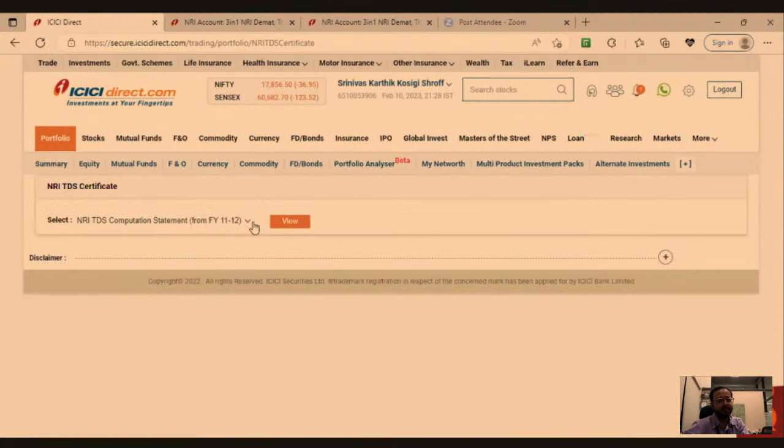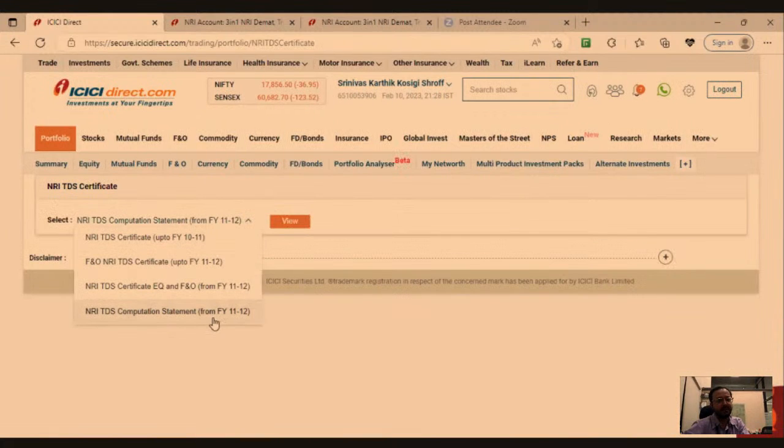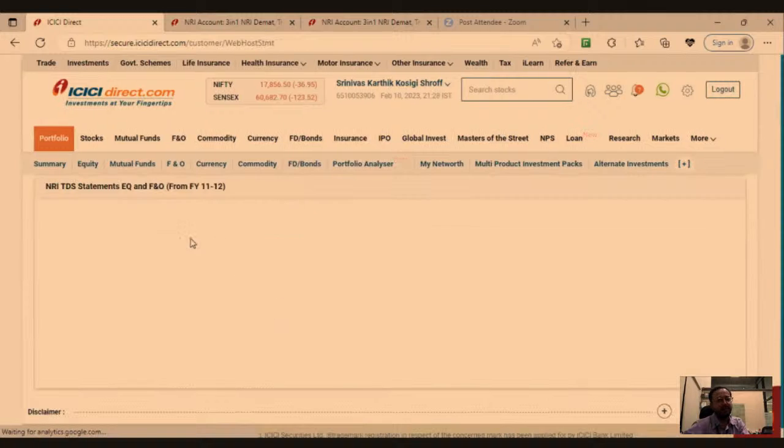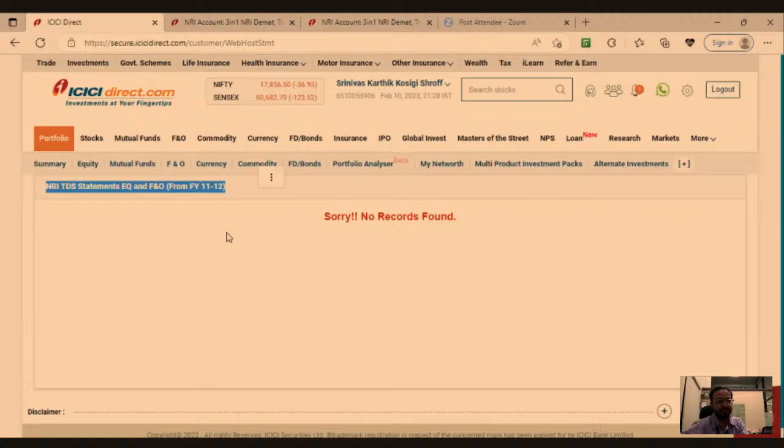While filing your IT returns, you can submit that TDS certificate, which will give you a picture of how much TDS has been deducted already. If I go to portfolio here, and I go to equity out here, there is a TDS computation statement all the way from 2012, and I will be able to see all my TDS statements if at all there are any.